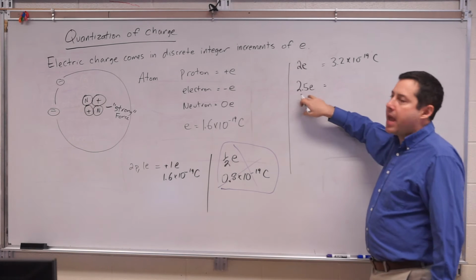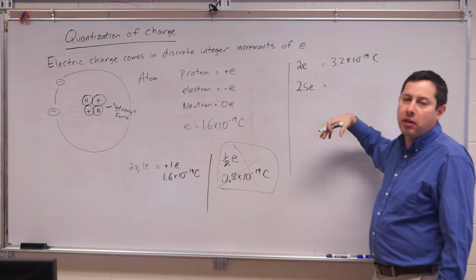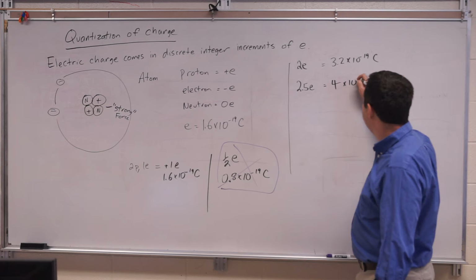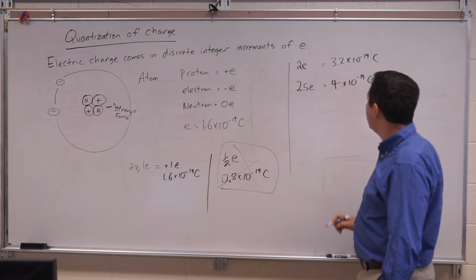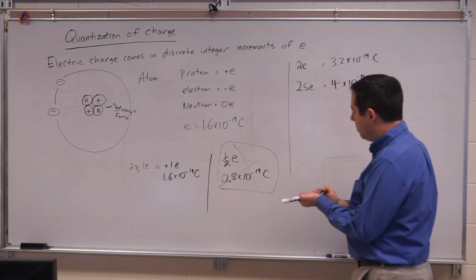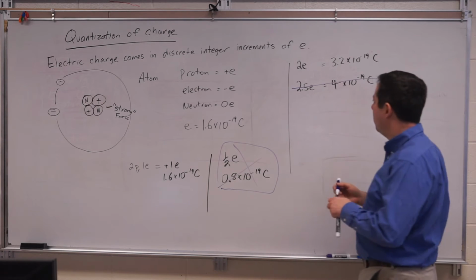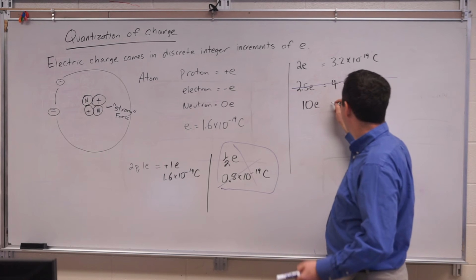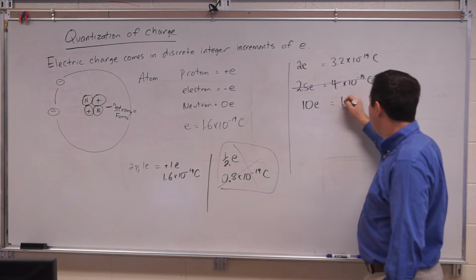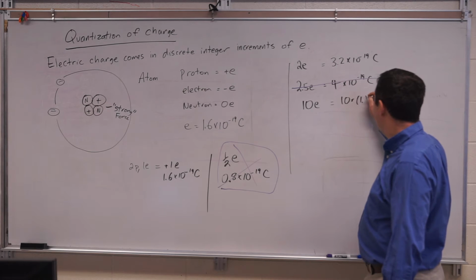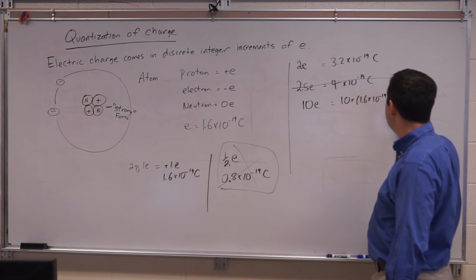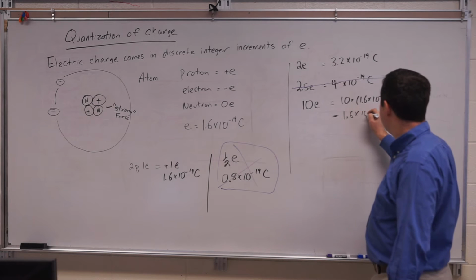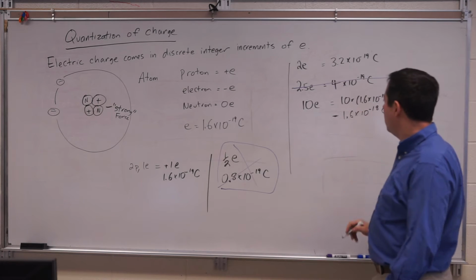You can't have half of a proton or half of an electron. It just doesn't work out that way. And that would be a charge of 4 times 10 to the negative 19th coulombs. That is not possible. Something like 10e is totally okay. 10e would be 10 times 1.6 times 10 to the negative 19th coulombs, or a total of 1.6 times 10 to the negative 18th coulombs.